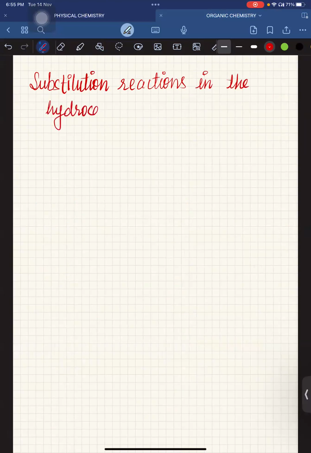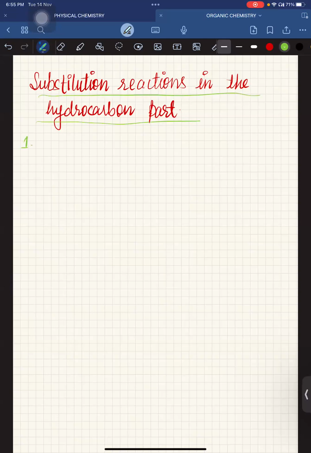That means simply that COOH will not be involved, only the R group, the alkyl group, will be involved. And here comes the first, which is very important: halogenation, and it is a name reaction.